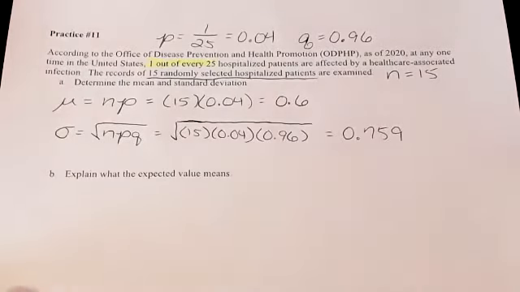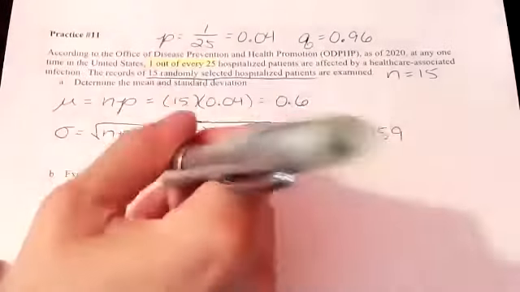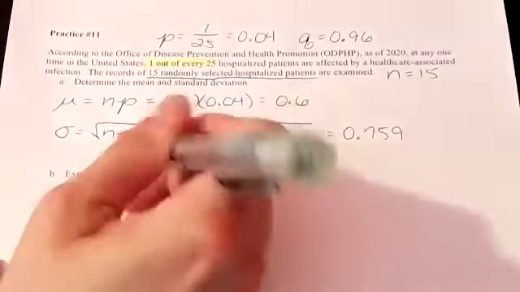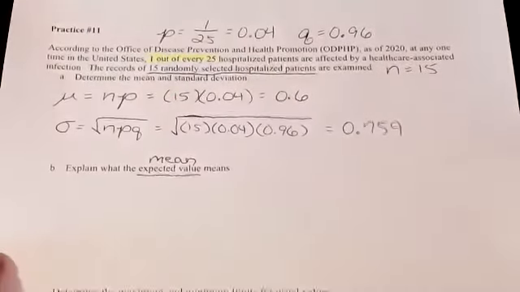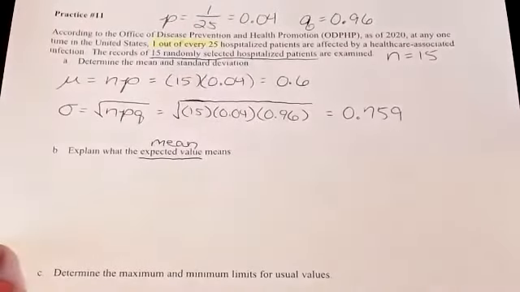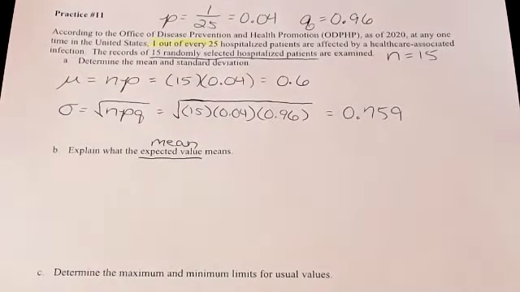Good. So explain what the expected value means. Remember that the expected value refers to the mean, which is 0.6. Now, this is kind of a strange statement to make because we have a value of 0.6. We also know that technically you can't have 0.6 of a person. But here's how I'm going to write this out.